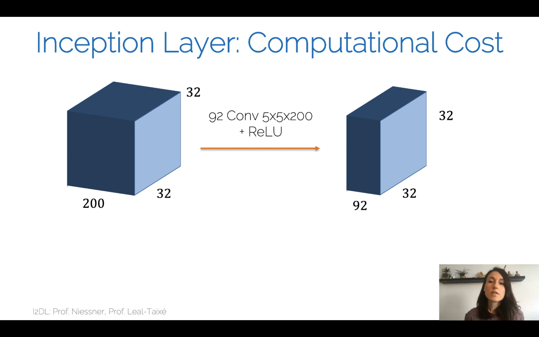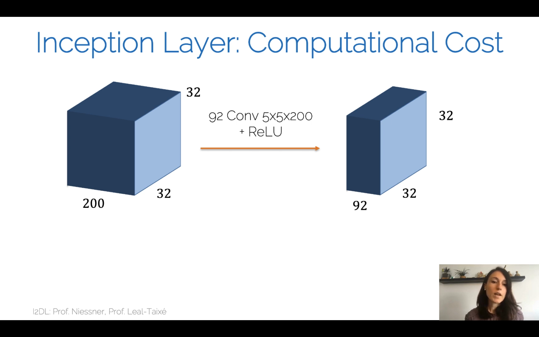So let's look first at the computational cost of having a 5 by 5 convolution operation on top of a 32 by 32 by 200 activation map. Let's assume that we want to apply 92 of those filters, so we want to get in the end a representation which is 32 by 32 by 92.